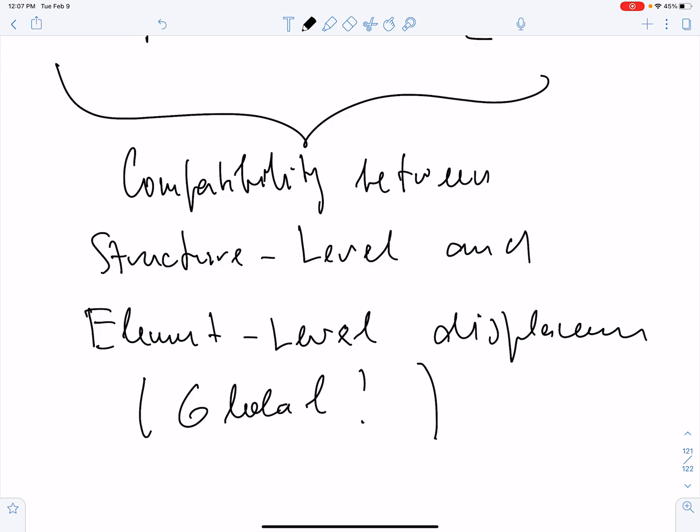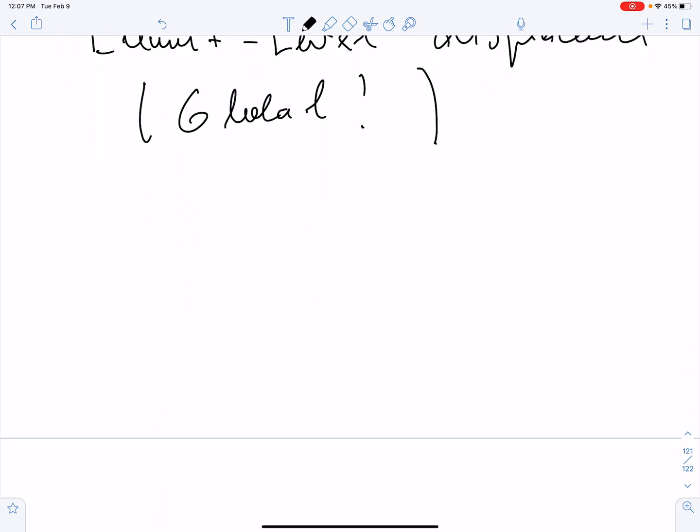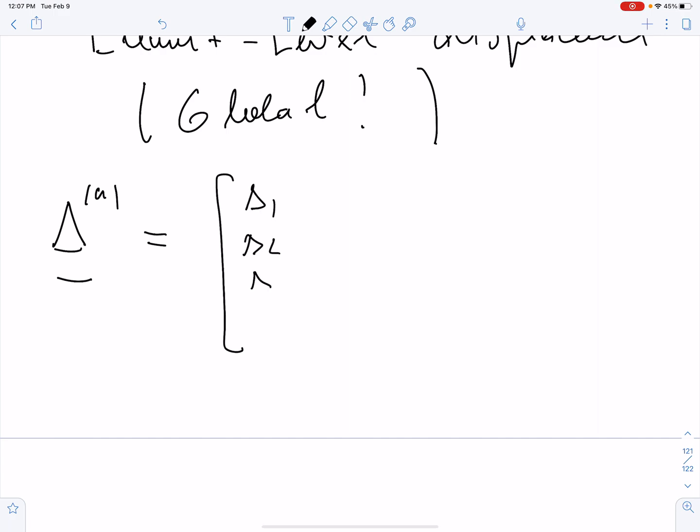Good. And so then you can express the displacement vector in the global coordinate system for element A. We can write it out, delta 1, delta 2, delta 3, delta 4, for element A.